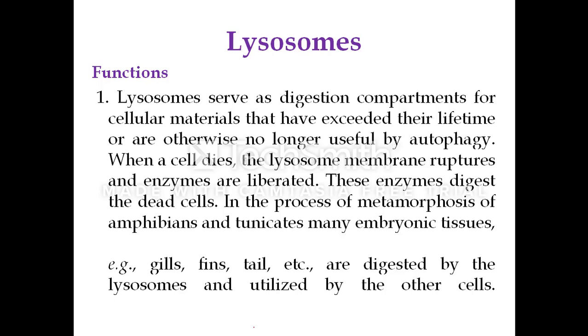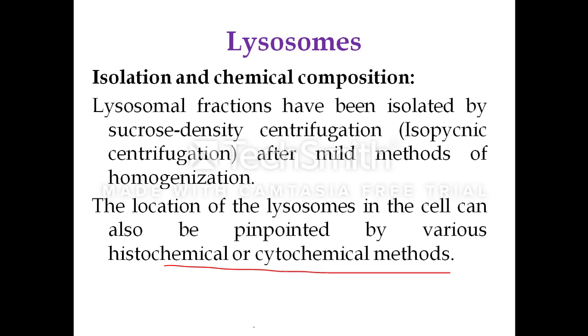For example, acid phosphatase is the marker enzyme to locate the lysosomal fraction, using the Gomori staining technique. That's a simple technique used to identify the lysosomal fraction. Specific stains are also used for other lysosomal enzymes such as glucuronidase, aryl sulfatases, etc.